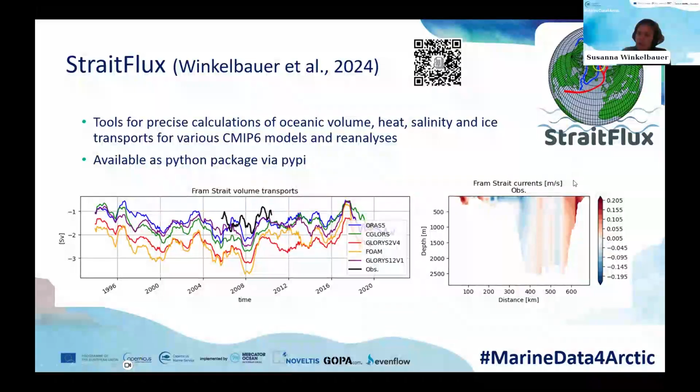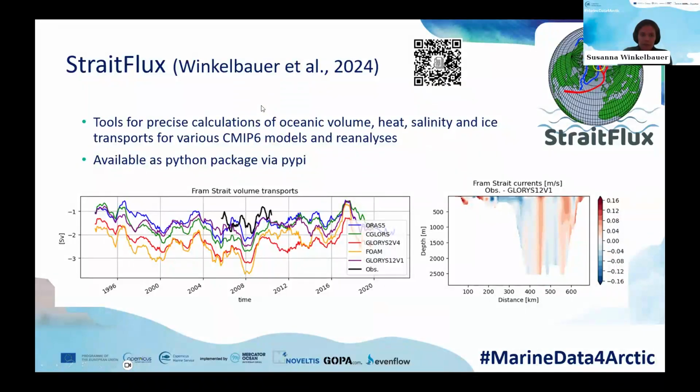So we can see the inflowing currents in the east and the outflowing currents in the west. This is from observations. Using StraitFlux, we can directly compare this to the output from the ocean reanalysis. So here we see the difference between observations and the higher resolution GLORYS12 product. So we can quite nicely assess where the currents are too strong and where they are too slow.